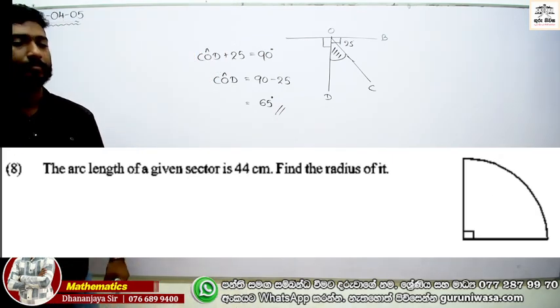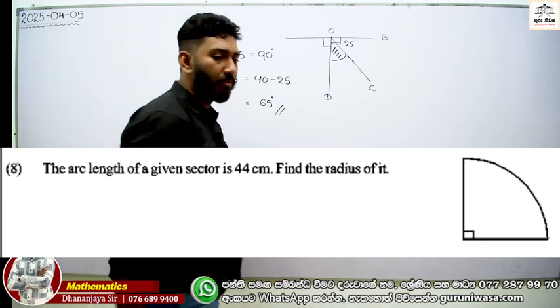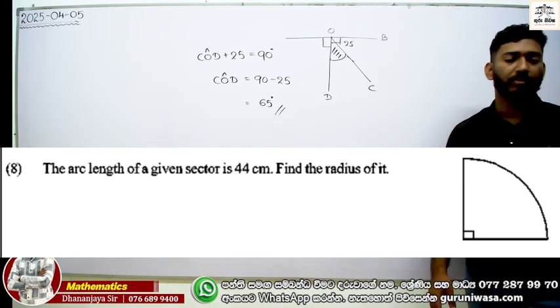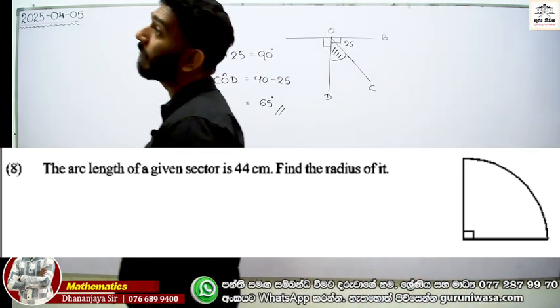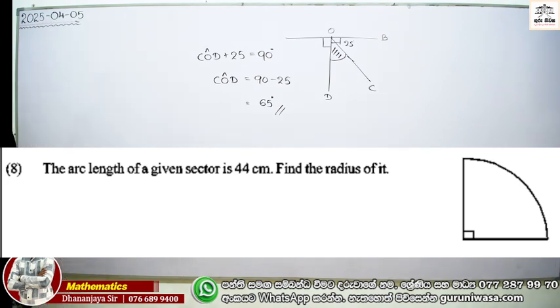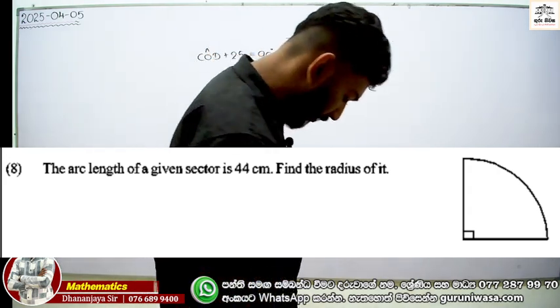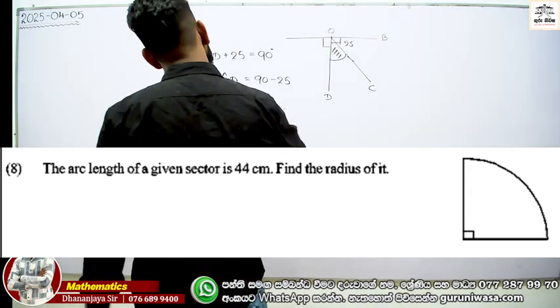Question number 8. The arc length of a given sector is 44 cm. Find the radius of it. Now you can find the radius. Hurry up. You have to use the formulas, then substitute, then find the answer.